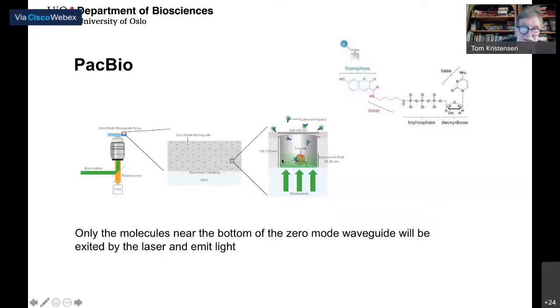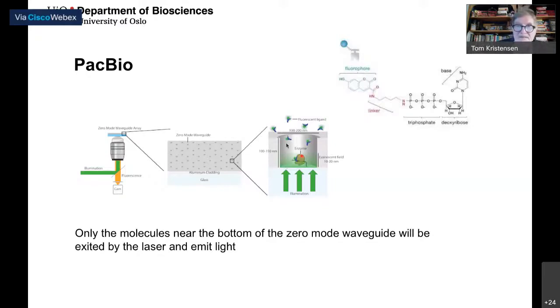And again, if we look at one of these, the light we use to excite the fluorescence will not reach further than 10 to 30 nanometers into the waveguide. So only molecules at the bottom here will be excited and send out fluorescence.